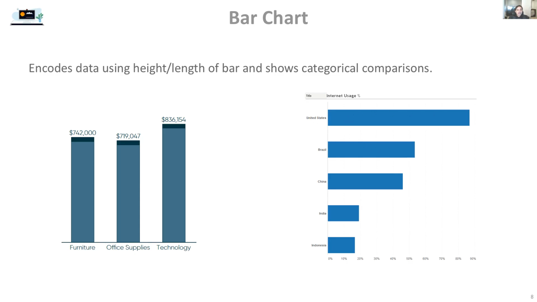Note that the height and length are measured with respect to a common baseline, this one or this one in this plot. It is strongly recommended that the common baseline starts at 0 for bar charts.